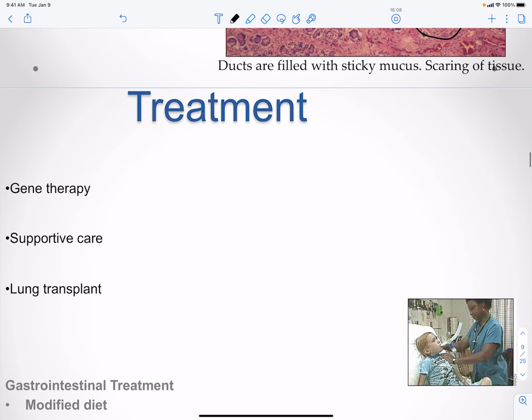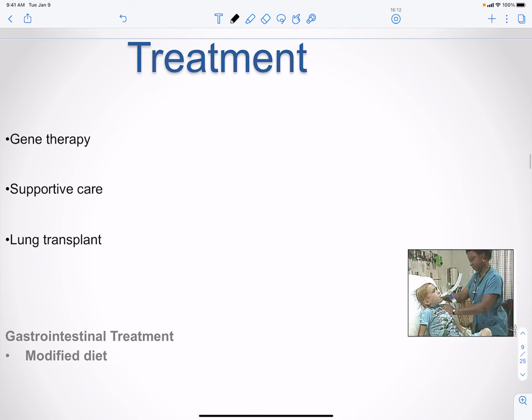All right, so the only way to cure cystic fibrosis would be to use gene therapy. This would replace the defective gene, or add a normal gene.